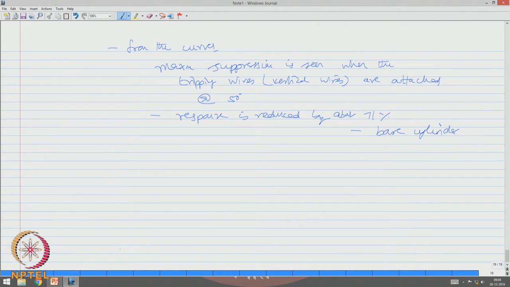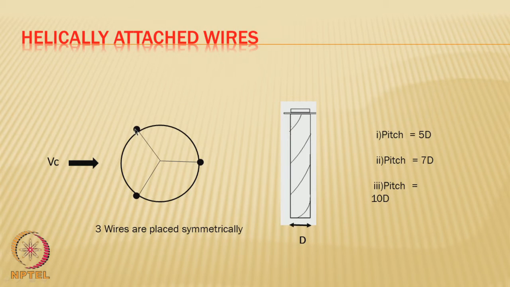The next study was with the helical strakes at 3 different points on the surface, equivalent at 60 degrees. The wires are helically wound at different pitch, 5 times the diameter, 7 times the diameter and 10 times the diameter, and the wires are placed symmetrically with respect to the wave direction for the cylinder as shown in the figure here.